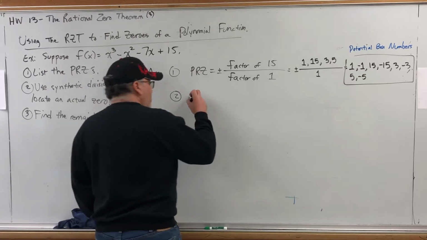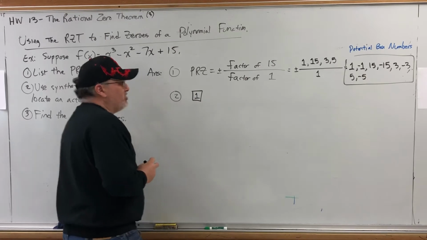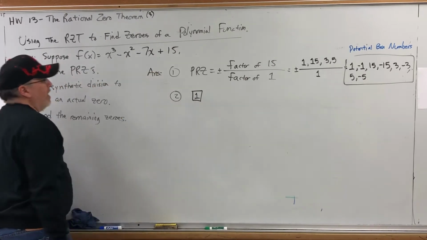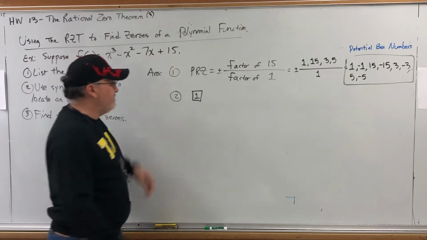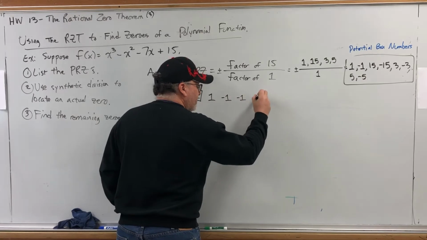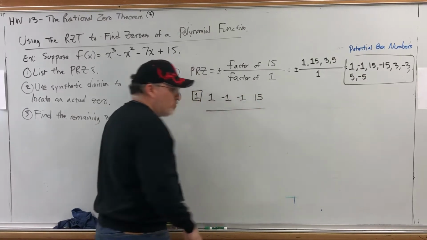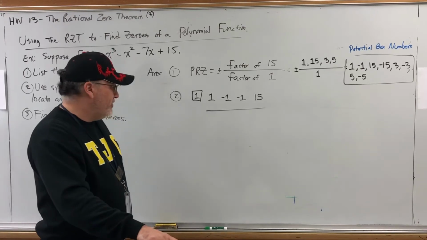For example, let's try the number 1, which will always be in your list, as the box number in a synthetic division problem. The top row would be 1, negative 1, negative 1, 15. Here's why you need to be very proficient and efficient with synthetic division.